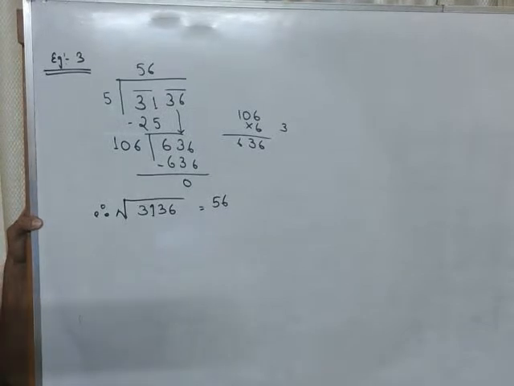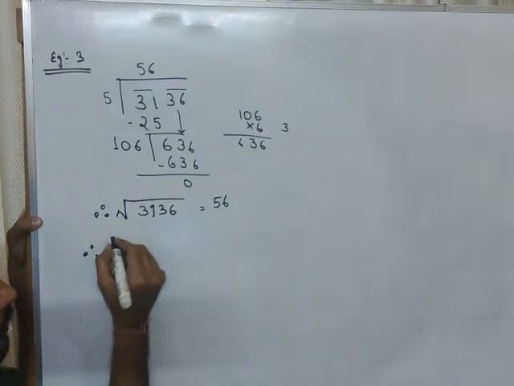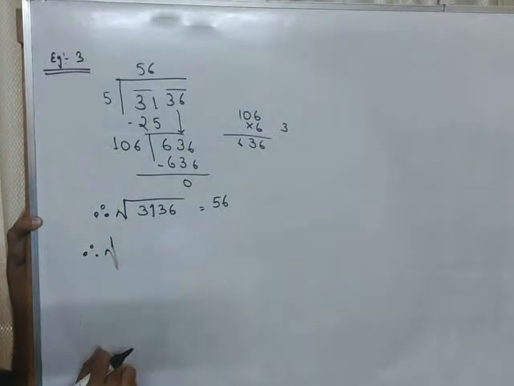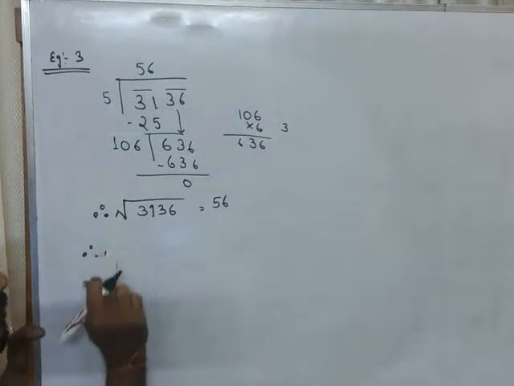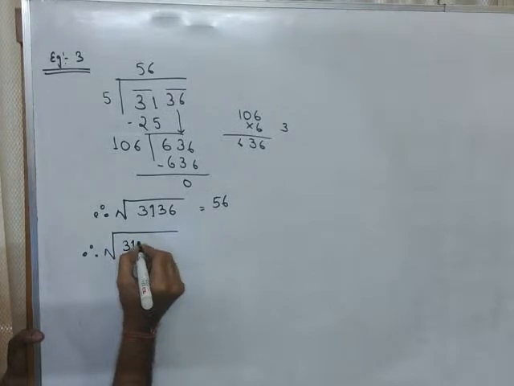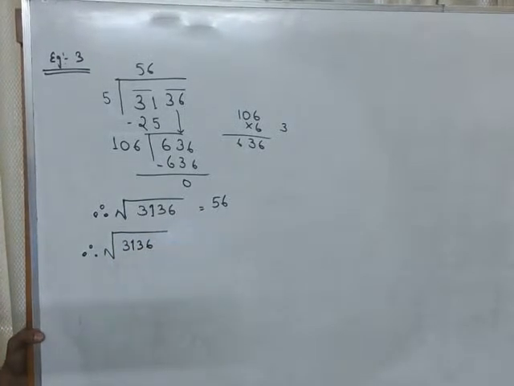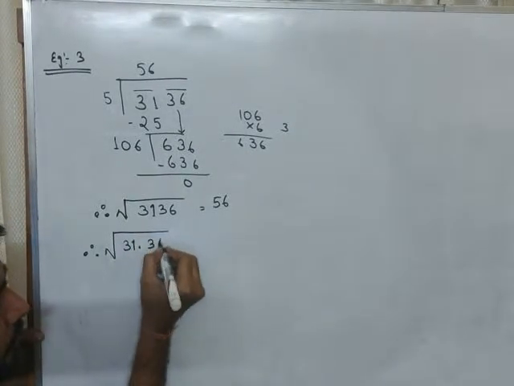Okay, so we got 56. The number is 3136. But in the question it is written 31.36.